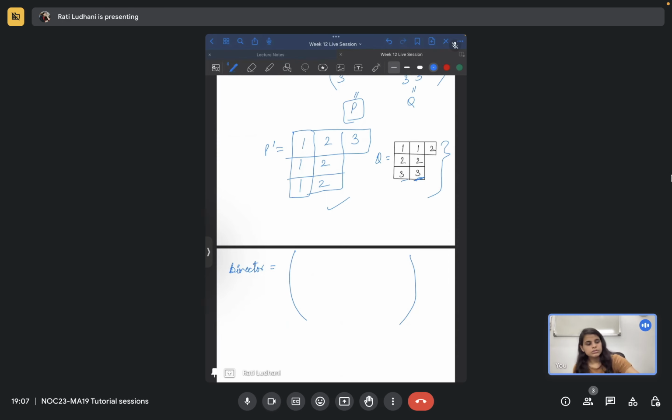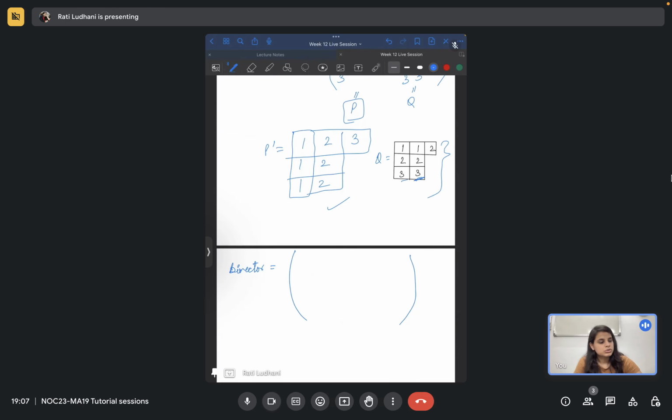So this is a 3 cross 3 matrix. We need to find the 3 cross 3 matrix corresponding to P dash and Q. So now we will remove the numbers and write the bivector.